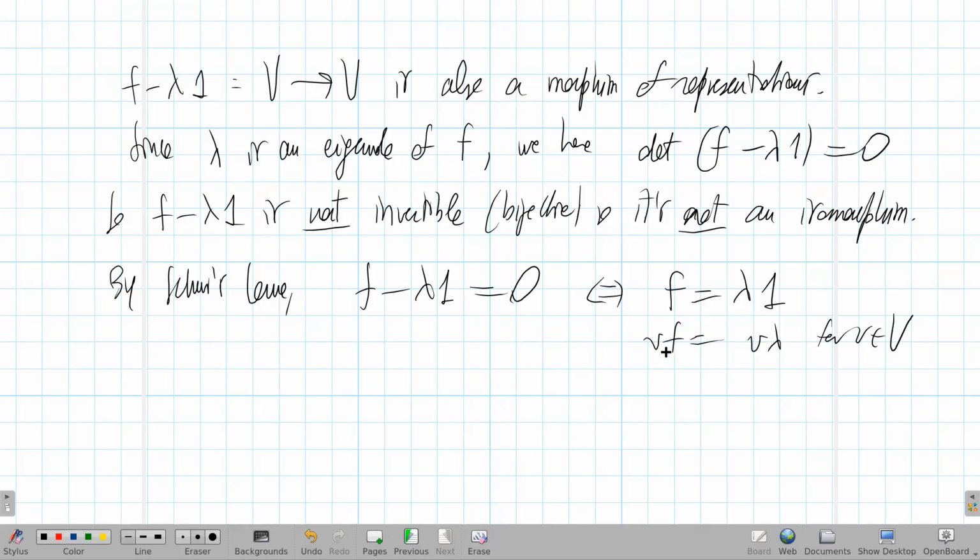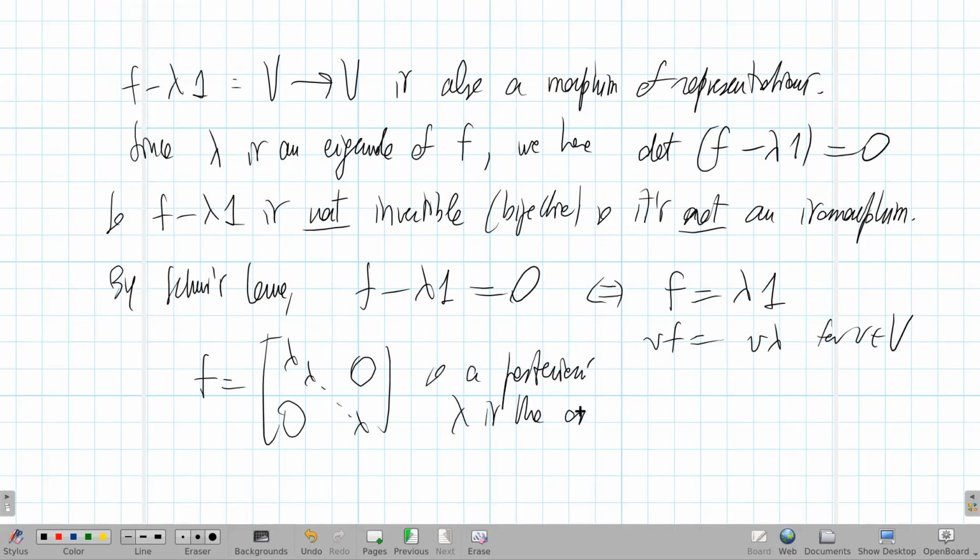So you see that really F as a matrix is just lambda times the identity. Okay, so lambda is the only eigenvalue. So in the end, a posteriori, lambda is the only eigenvalue of F. Okay. And we will put this to fruition in a second, okay?